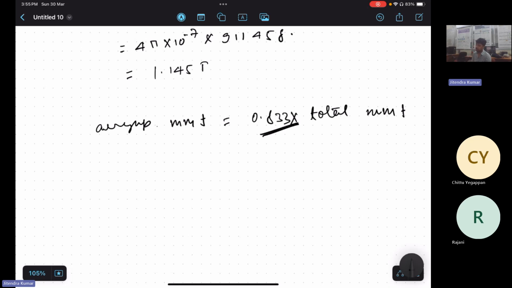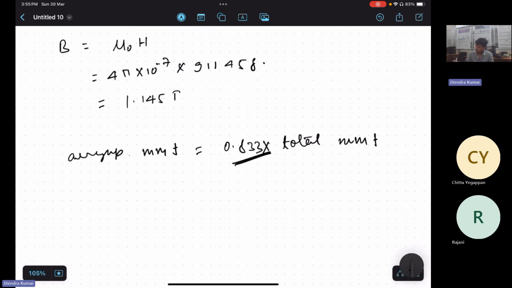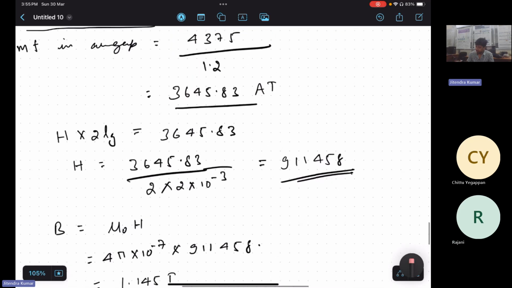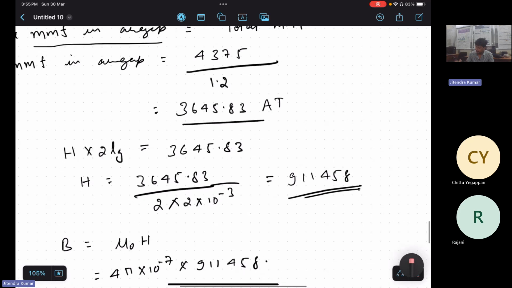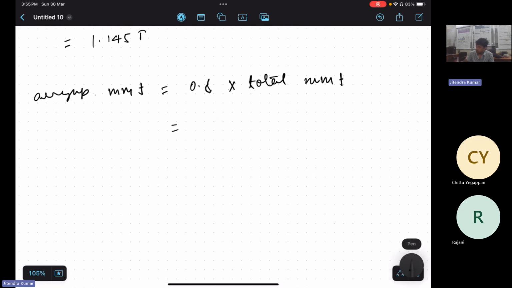I am still not sure if we calculate this way. Let's see with 0.8. So 0.8 into 4375 is 3500. Okay.